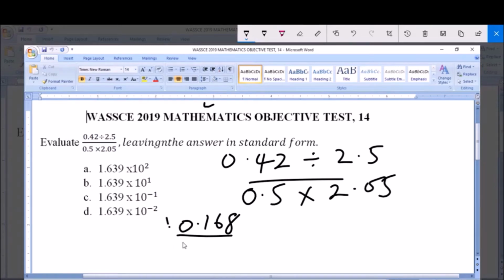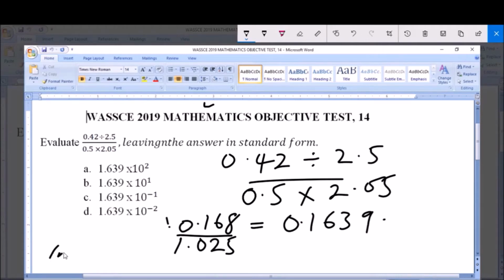So 0.168 divided by 1.025 gives you 0.1639. Now the question is saying we should leave our answer in standard form.